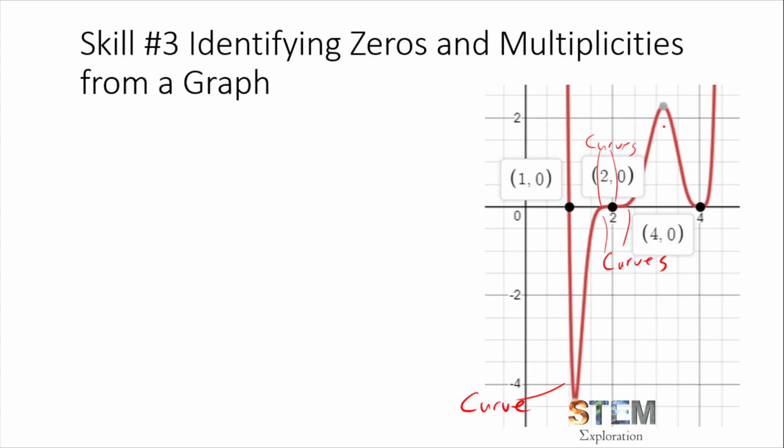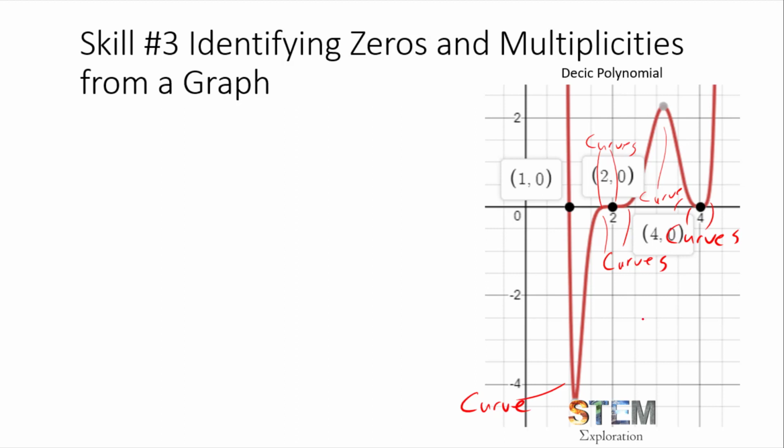And then we have at least 1, 2, 3 curves there. So what I'm going to mention here is that I see 1, 2, 3, 4, 5, 6, 7, 8. Okay, so I'm wondering if this is a nonic polynomial. Oh, it's actually a decic polynomial.